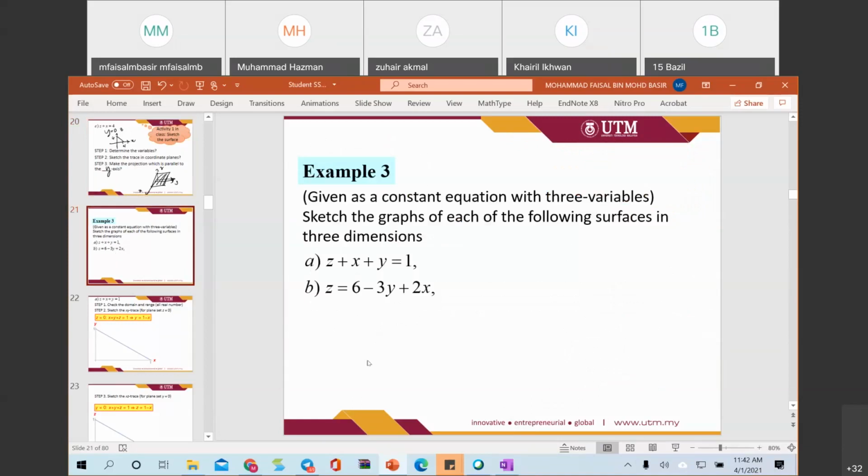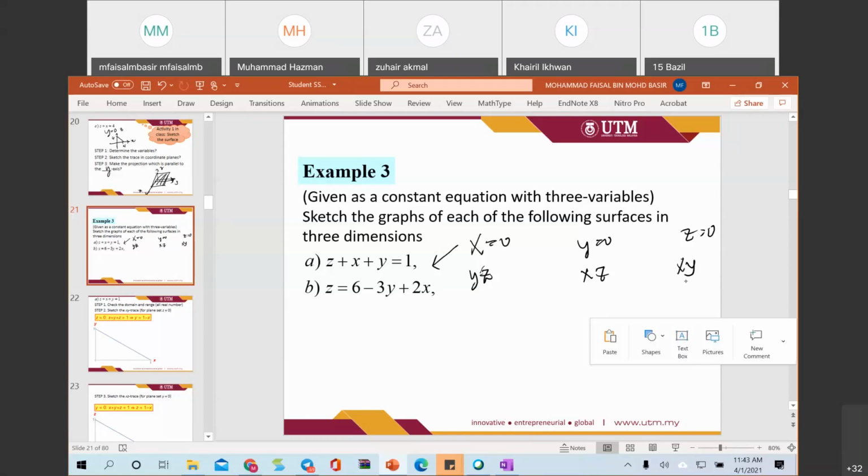Okay, 3D. The three-variable case is easier than the others. When you see here, you have to do 3 sub 3: x0, y0, z0. So this is yz, this is xz, this is xy. When x is 0, x plus y equals 1, this is x plus z equals 1.